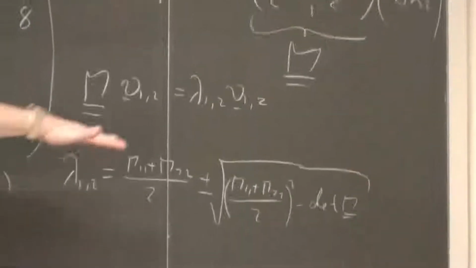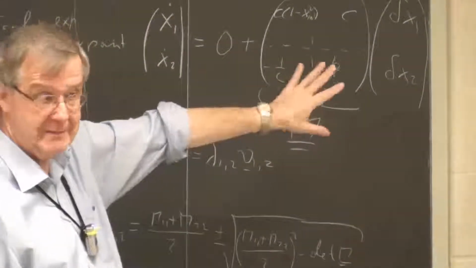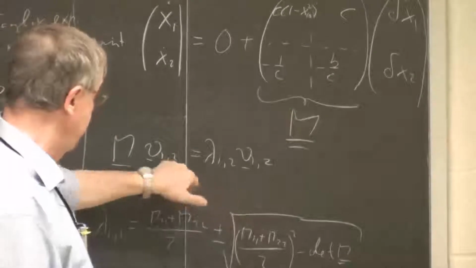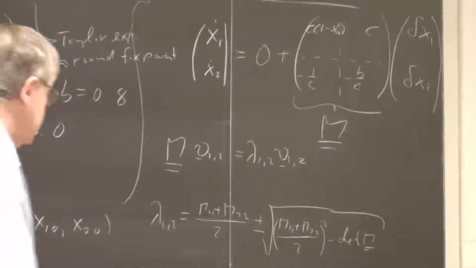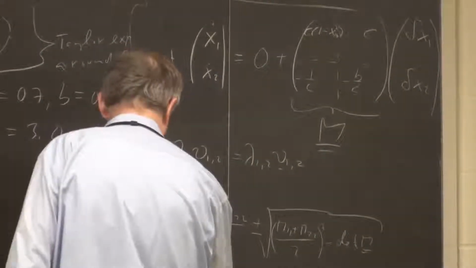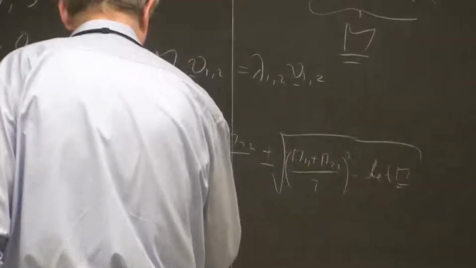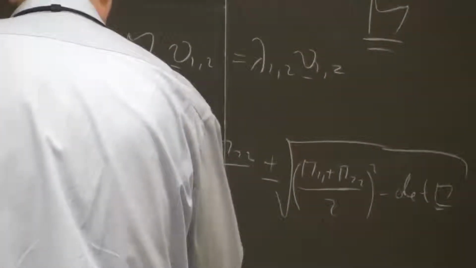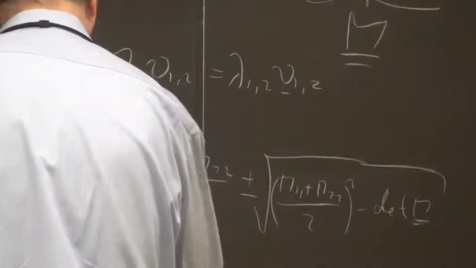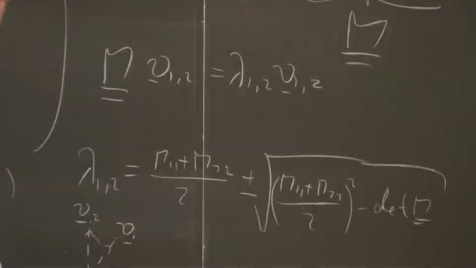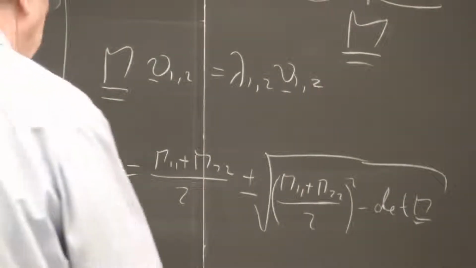Now, since this matrix is not symmetric, c minus 1 over c, the eigenvectors are not orthogonal. If this is our point x0, and we draw here the eigenvectors, they could be clearly pointing in this direction. So maybe this is V1 and this is V2. So they are not orthogonal, but still we can write the solution.